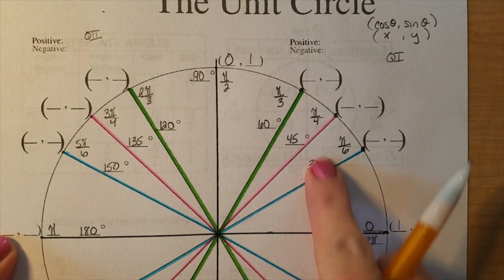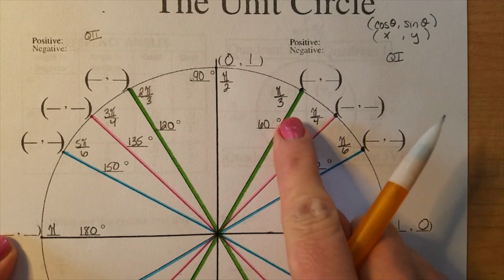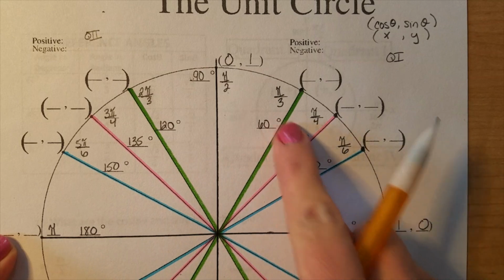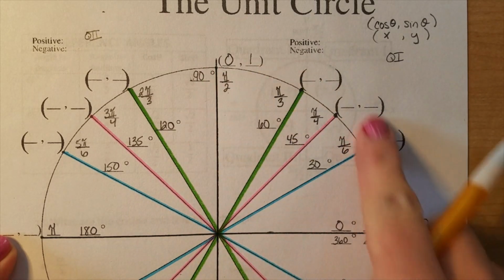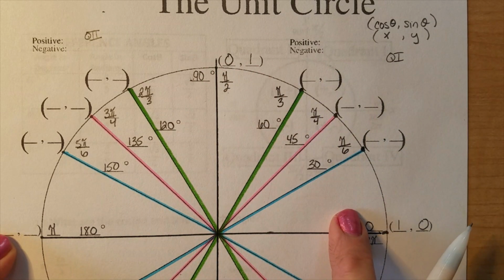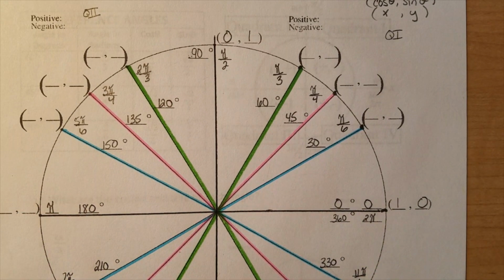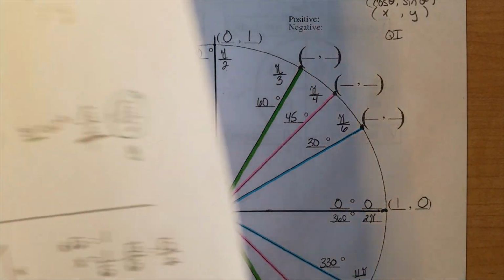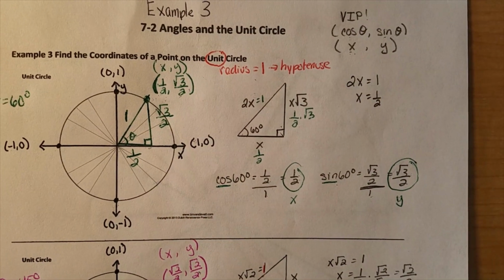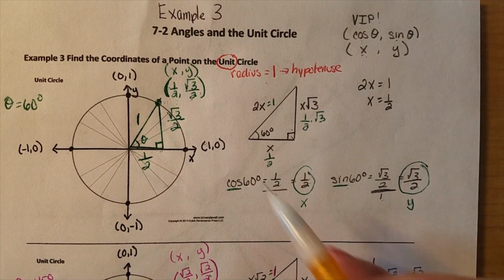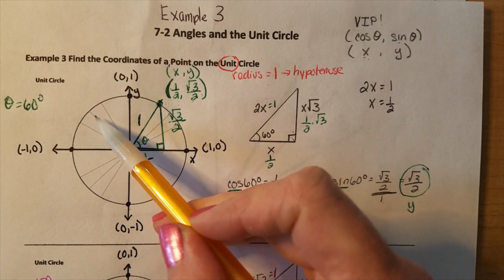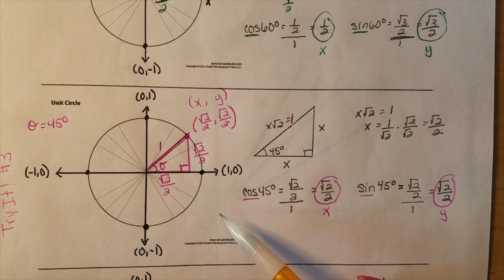Now let's go fill in. Now these are these reference angles that I've been talking about. As long as you know quadrant 1, you're going to be good to go on anything else on the unit circle.